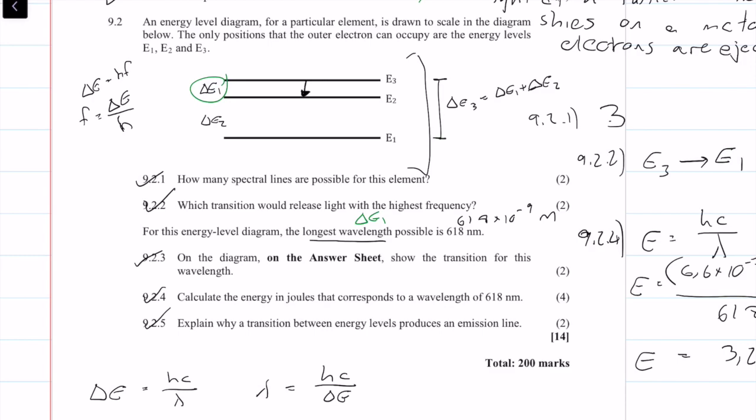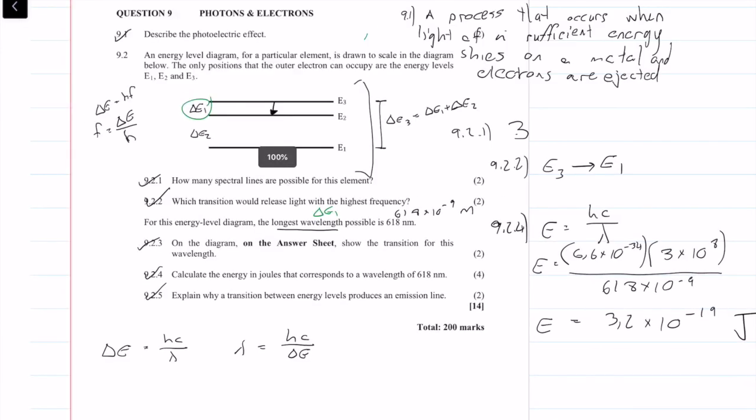Electrons can't possess any more energy than allowed in an energy level. So when they move to a lower energy level, the difference in energy between the levels has to be emitted or discarded. I hope that makes sense. That's also basically a definition theory question worth 2 marks.